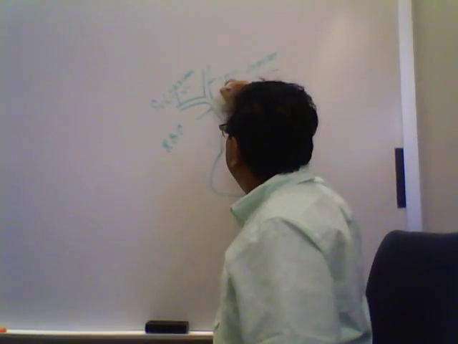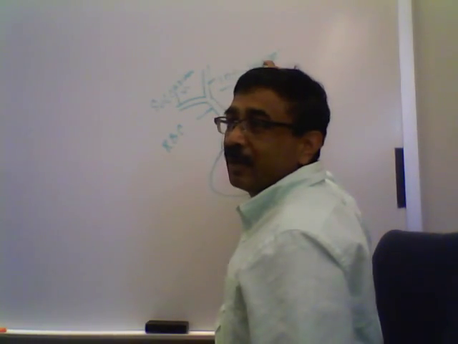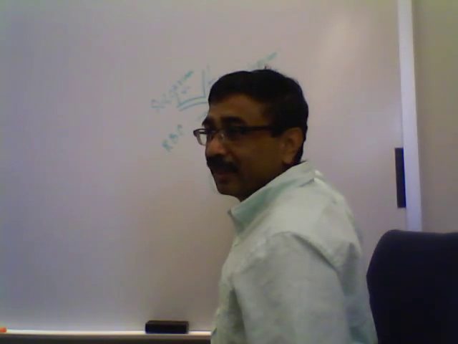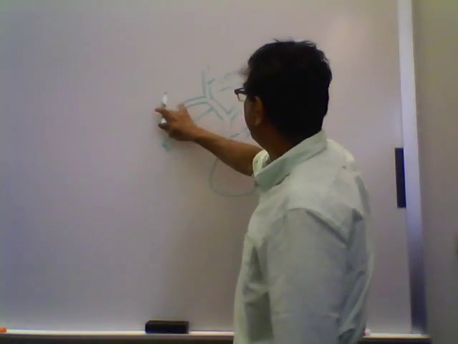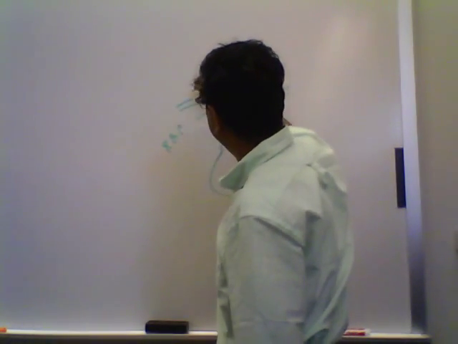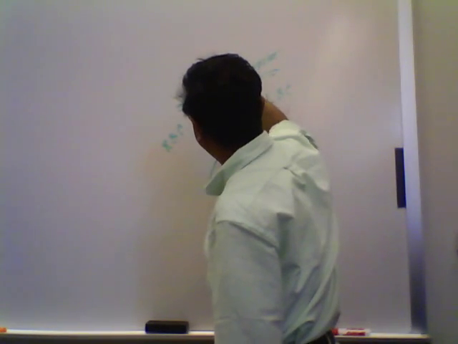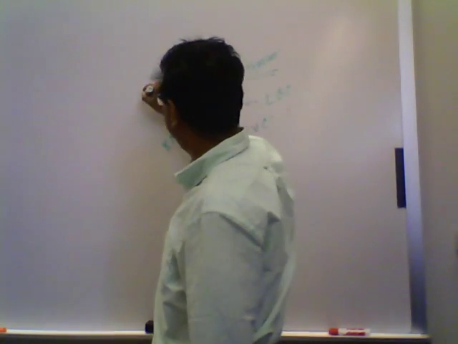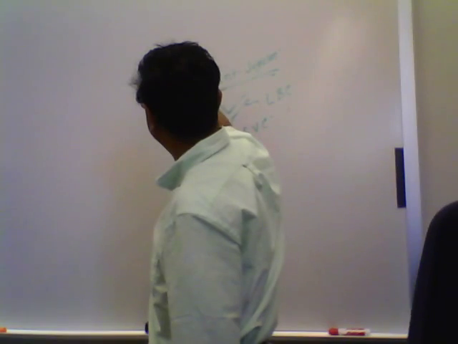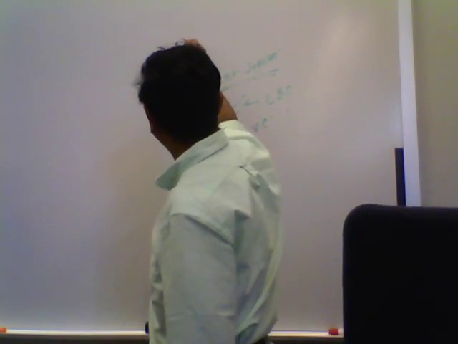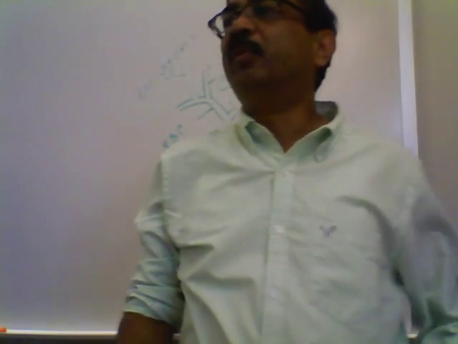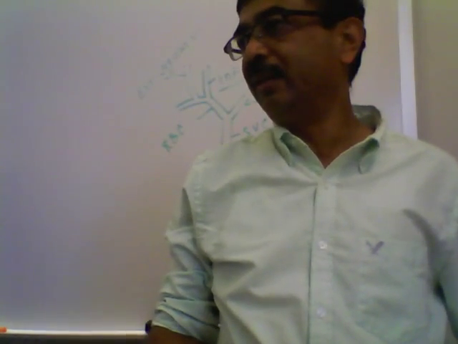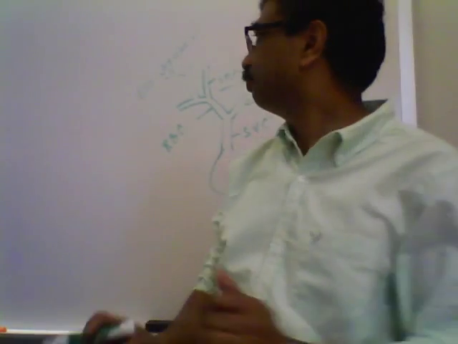So you have internal jugular here. So where is the external jugular? There must be external jugular, right? So external jugular is a branch of subclavian. So this is the external jugular. Okay. So now you see you got both internal and external jugular veins.